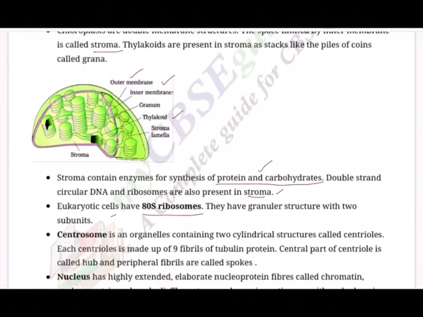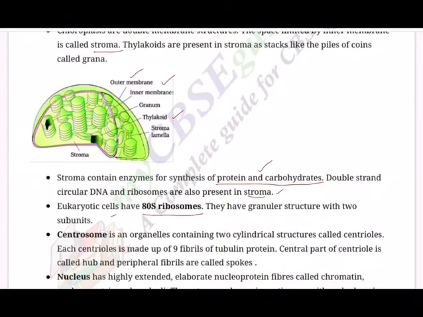Both are enclosed by two unit membranes, outer smooth and permeable and inner folded and semi-permeable. Both have circular DNA, 3 types of RNA and 70S type of ribosomes. Both are energy transducing organelles and form ATP by a similar mechanism.